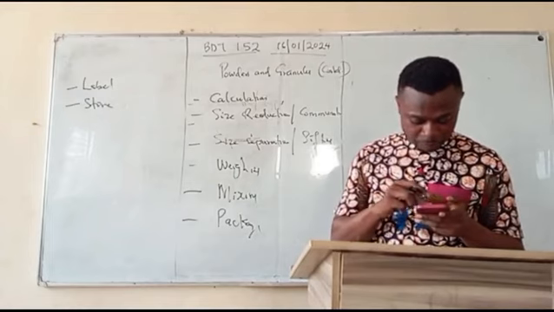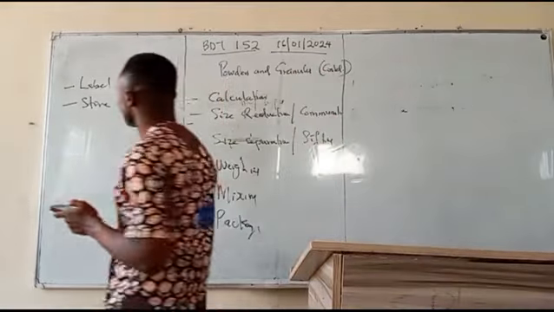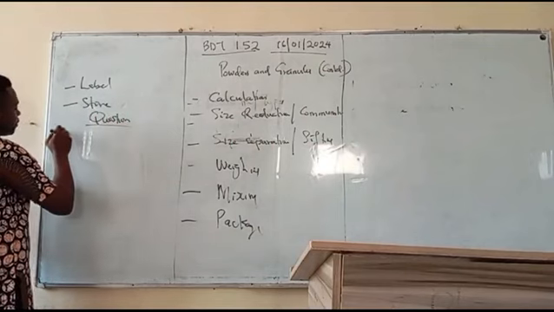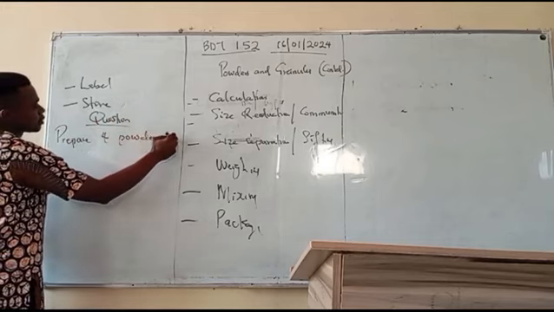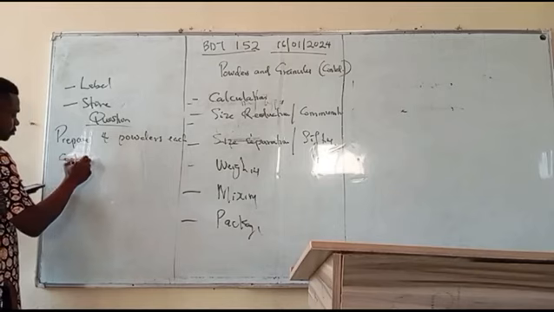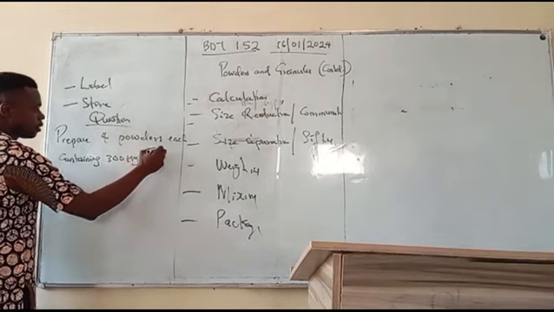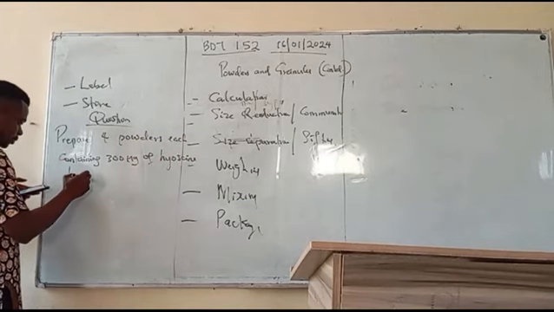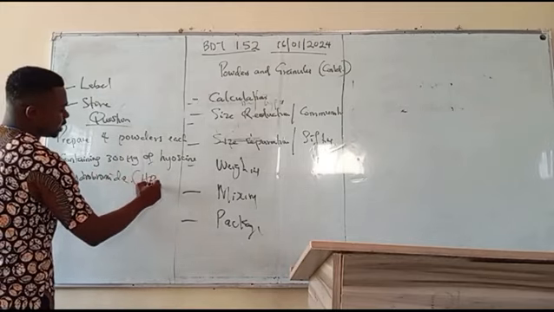The question says, prepare 4 powders, each containing 300 micrograms of hyoscine hydrobromide. HBr, that's the formula.